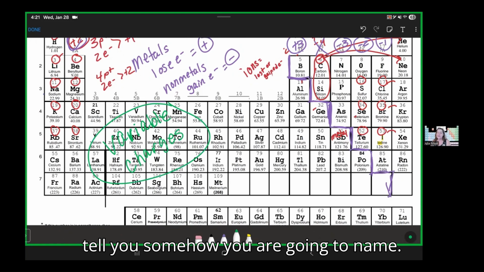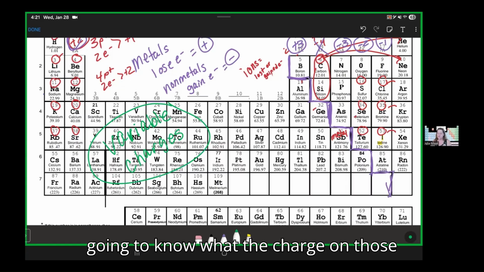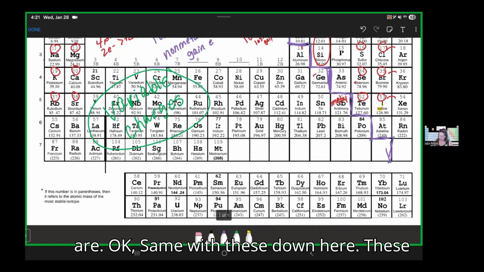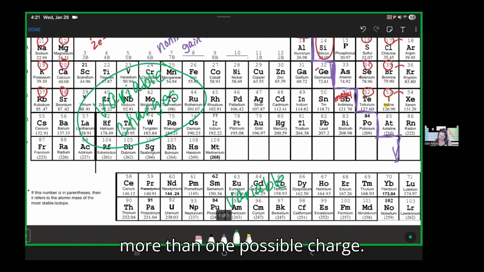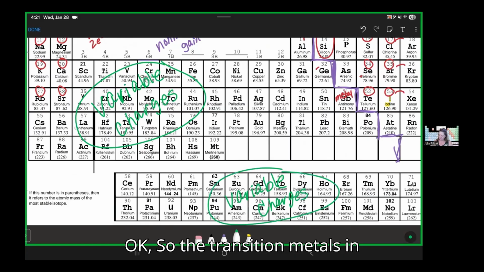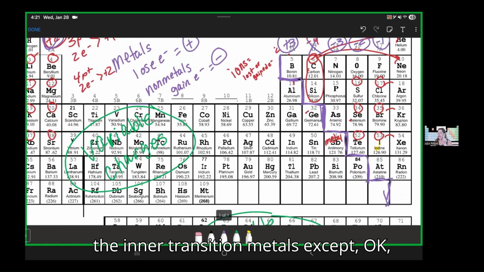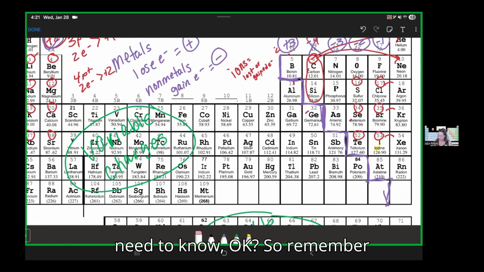Somehow you are going to know from the name or the formula what the charge on those are. Okay, same with these down here. These are also variable charges. They can have more than one possible charge. Okay, so the transition metals and the inner transition metals, except, okay, there are five things on here that you're going to need to know.